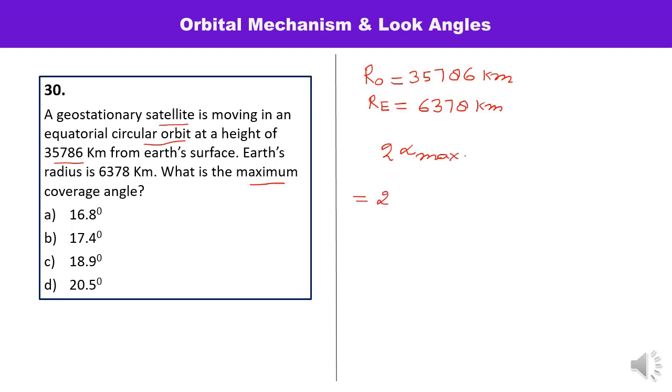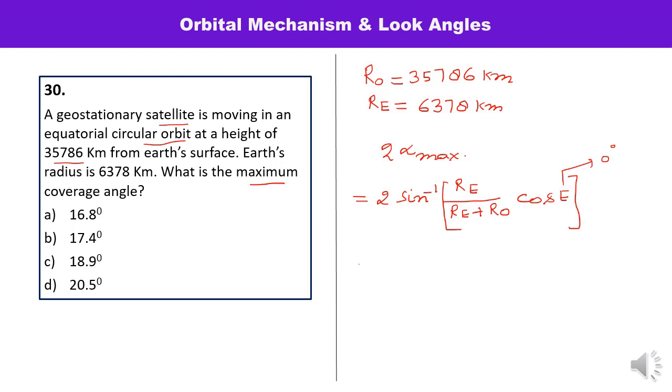This will be twice of sine inverse of RE upon RE plus R0, into cos of E. Here this angle E is 0 degree, because it is given that it is in the equatorial circular orbit.